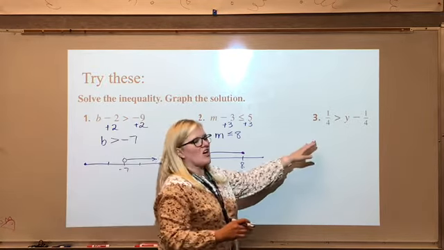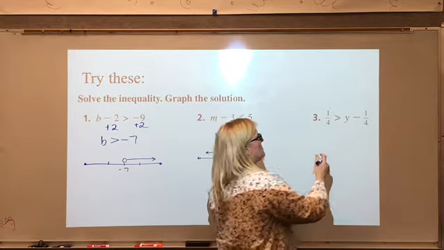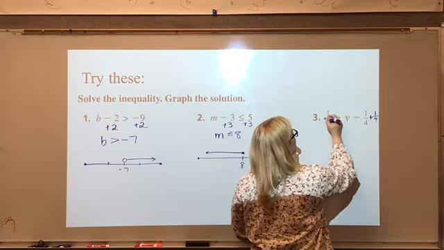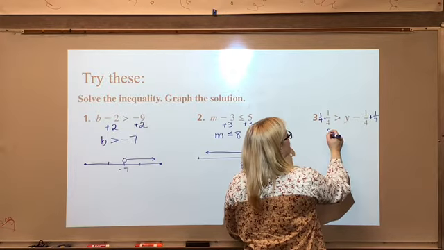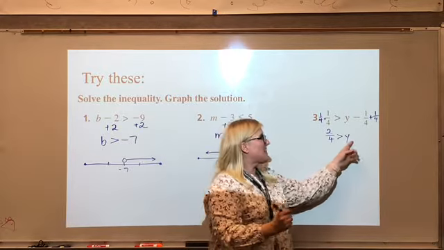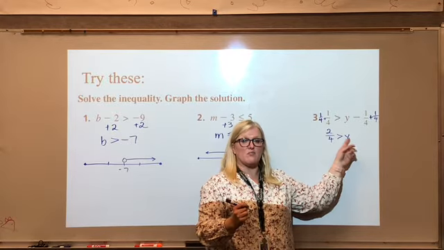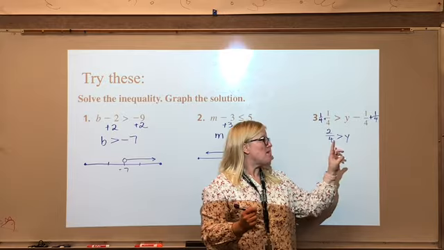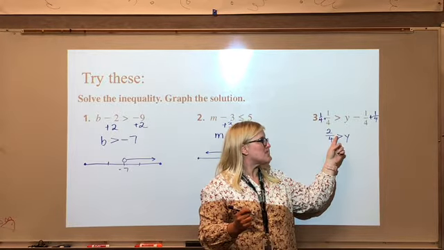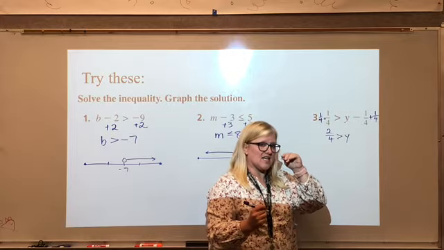And then finally, sorry, I threw some fractions in here. I'm going to add 1/4 to both sides. So I have 2/4 is greater than y. Well, I like to have the variable on the left. So I'm actually going to flip-flop these two, but I have to remember that 2/4 is the one that Pac-Man is eating.